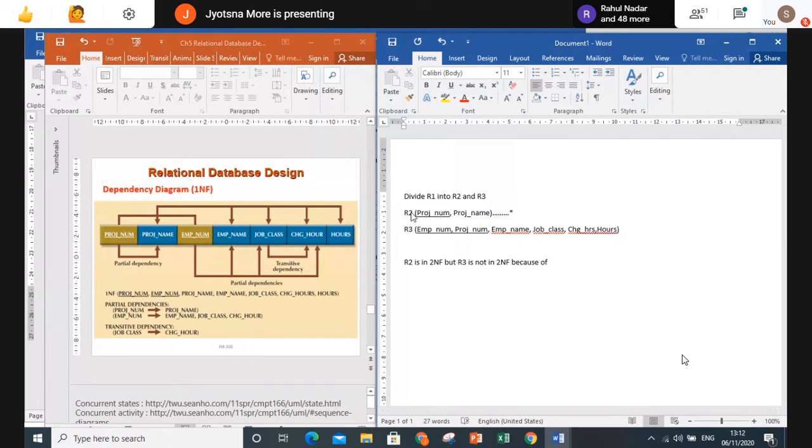So we have to remove that, because of partial functional dependency F3, that is, employee number determines employee name, job class, charging hours.